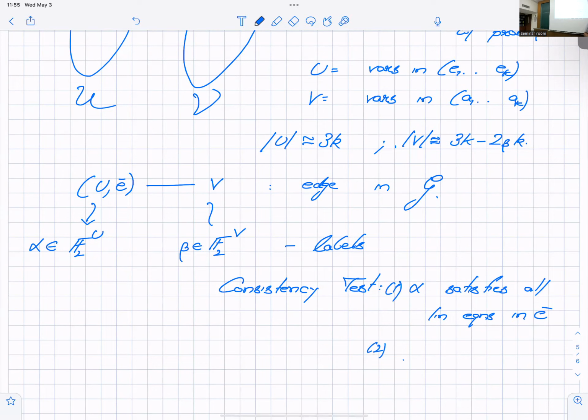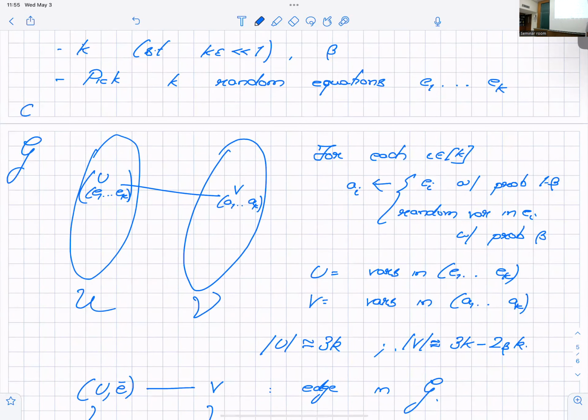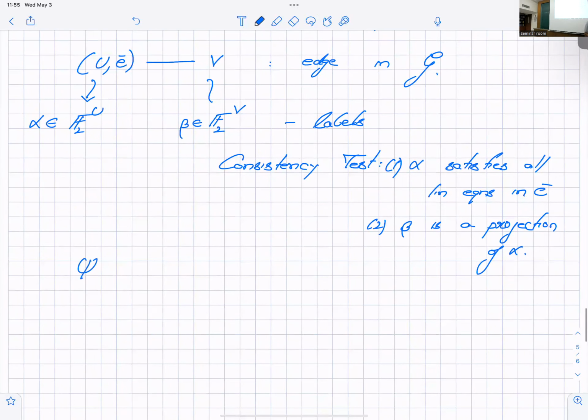And beta is a projection of alpha. Let's call this whole thing phi. I want to claim, so we have a reduction now from psi to phi.